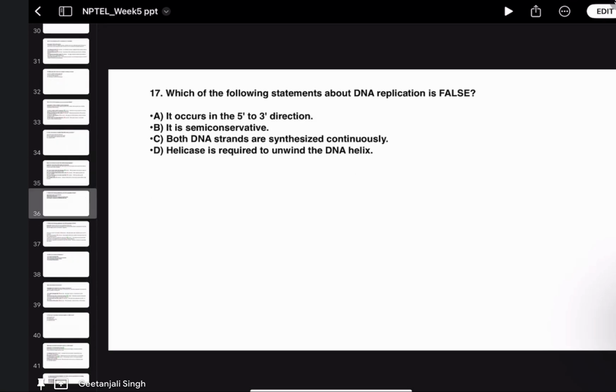The next question is which of the following statements about DNA replication is false? A. It occurs in the 5 to 3 direction. B. It's semi-conservative. C. Both DNA strands are synthesized continuously. And D. Helicase is required to unwind the DNA helix.